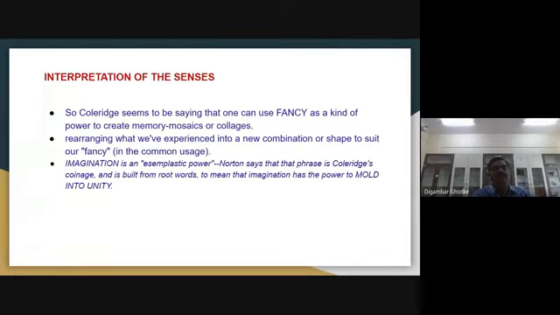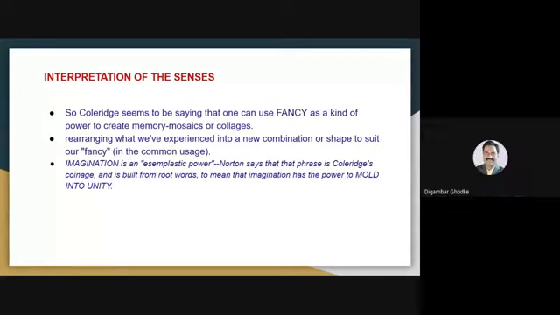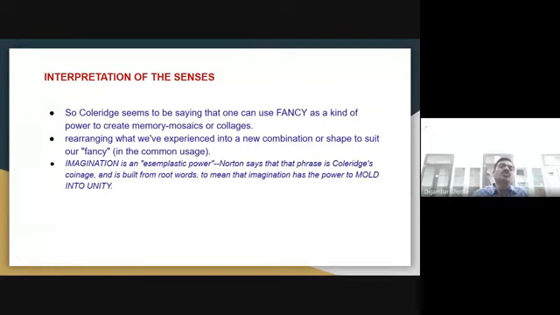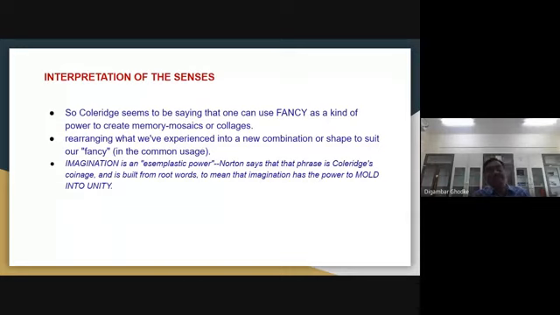So Coleridge talks about all these things in chapter 13. In chapter 13, we understood that imagination is the mysterious power. There are two types of imaginations: primary imagination and secondary imagination. And then we went on talking about the difference between primary imagination and secondary imagination. Further, we elaborated the difference between fancy and imagination in this lecture. I hope you understood it.